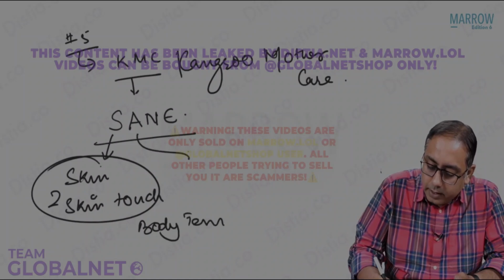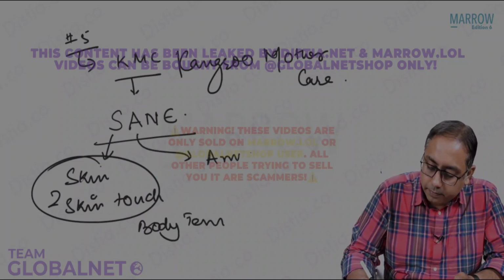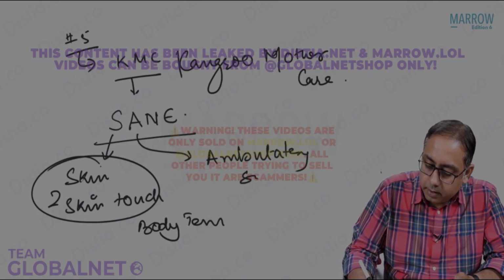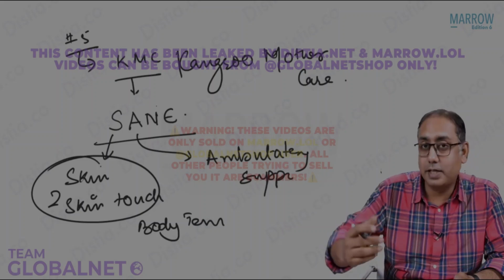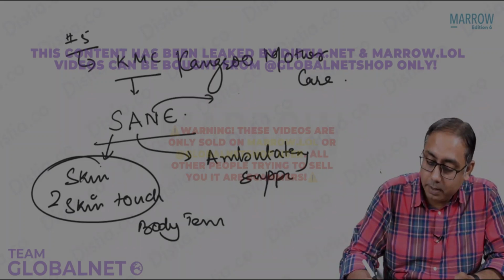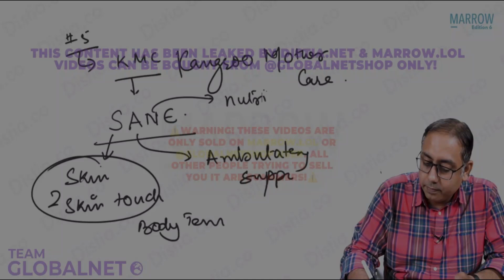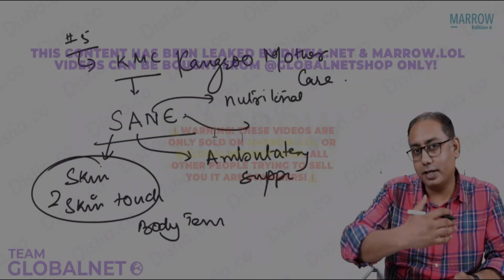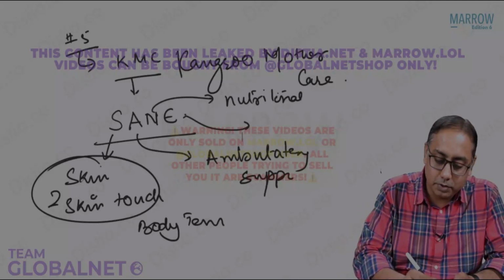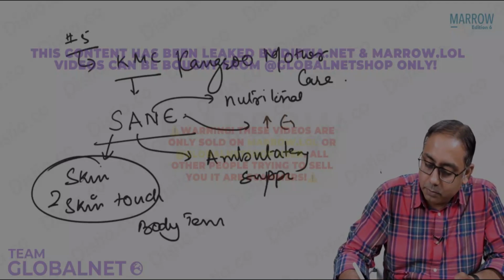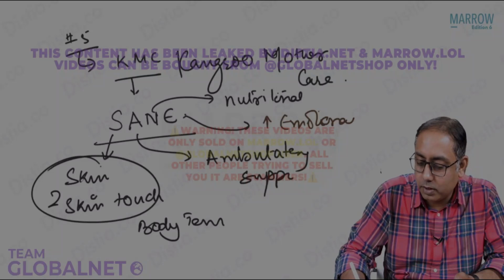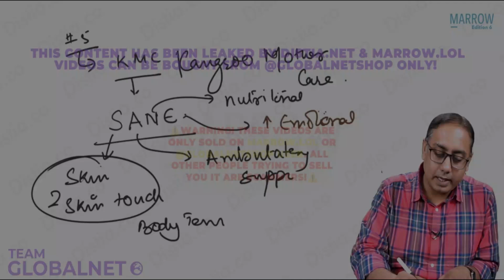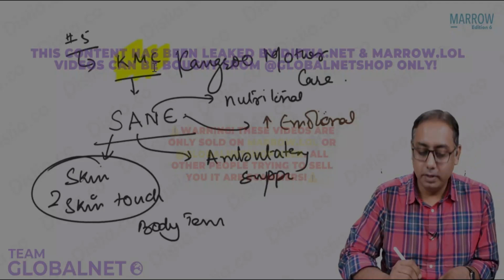Then there is ambulatory support. Then this skin to skin touch will also help the baby have nutritional support, that is more breastfeeding. And of course kangaroo mother care is going to increase the emotional support, or the emotional bonding, of the child to the mother. So those are the elements of KMC, kangaroo mother care.